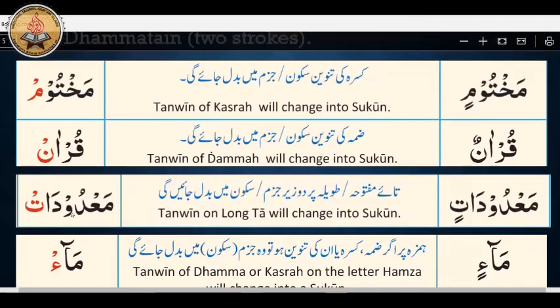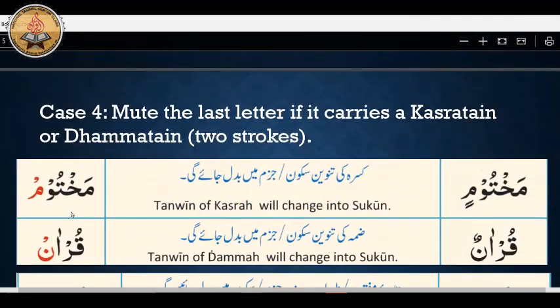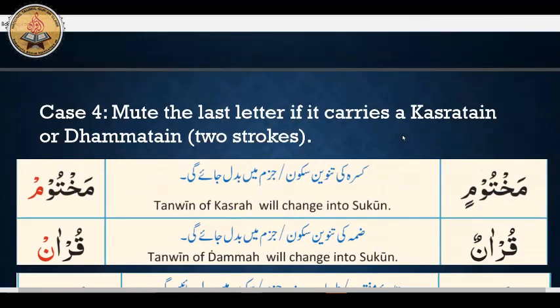Okay, excellent. So one thing before we move on to case number 5 is that there's one type of tanween missing. Do you know the name of that tanween? Is it fathatain? Excellent, fathatain. So why do you think kasratain and dammatain are present here and not fathatain?